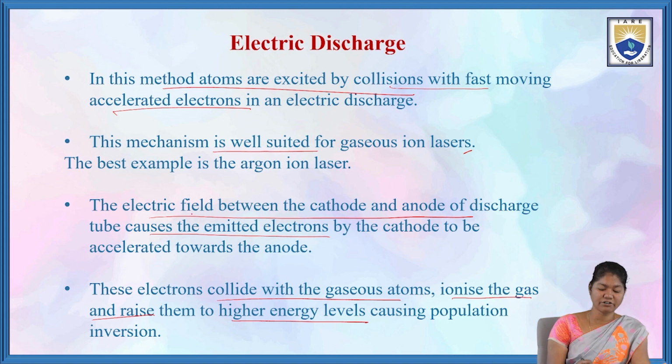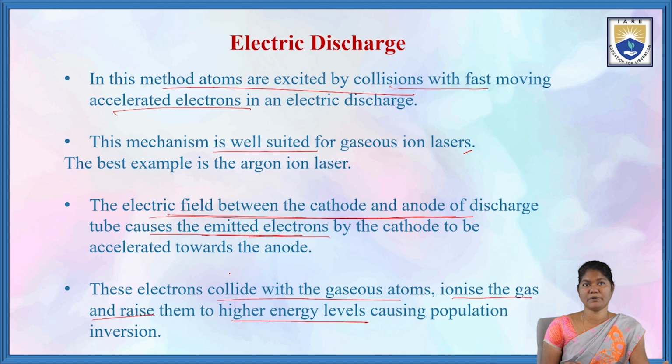The electric field between the cathode and anode of the discharge tube causes the electrons emitted by the cathode to be accelerated towards the anode. These electrons collide with the gaseous atoms, ionize the gas and raise them to higher energy levels, causing the population inversion.